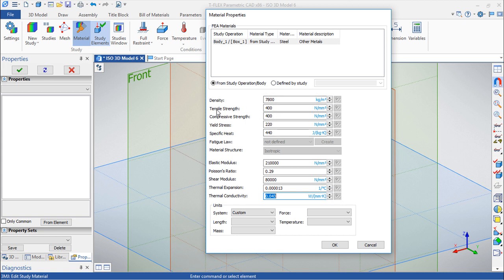You also have the tensile and compressive strengths, which are important, and we've seen already some examples, or at least one lesson, if I remember, where these were important values, because they give you also an idea to interpret the results you get in some studies. The density is important also because of weight and other factors, but it's one of the things that we need to calculate the weight of parts and that kind of stuff.